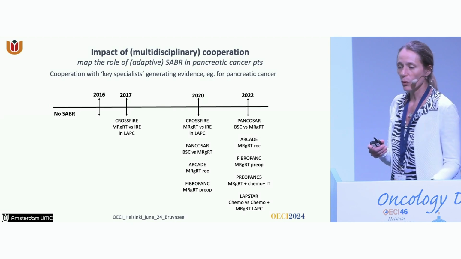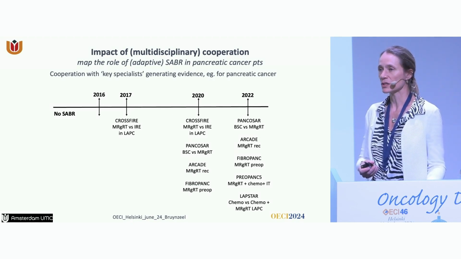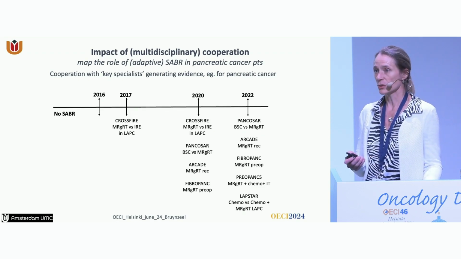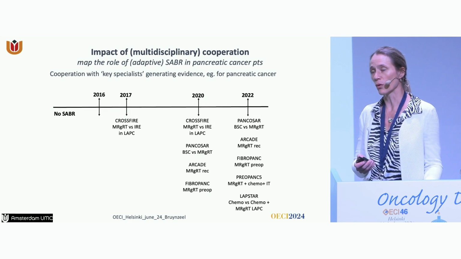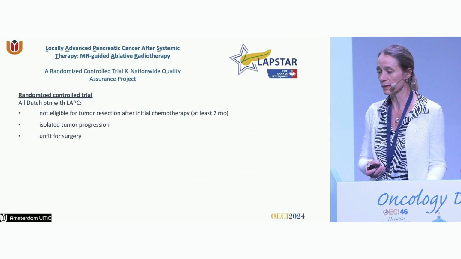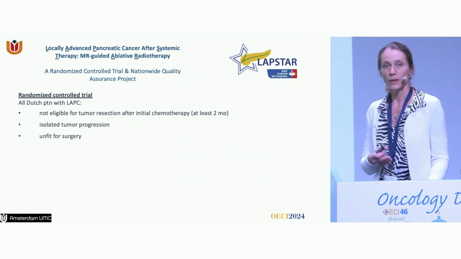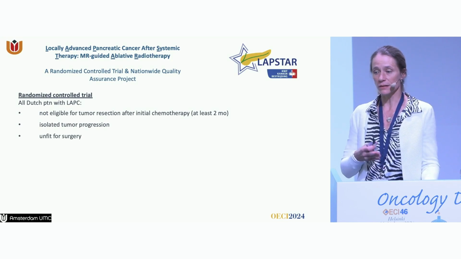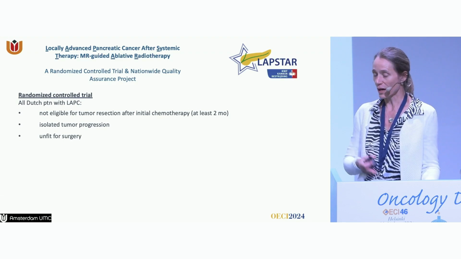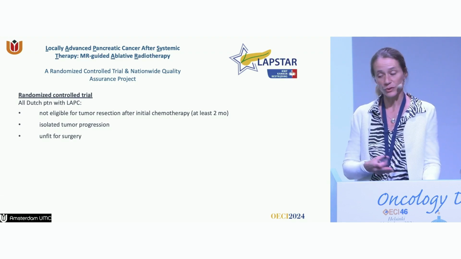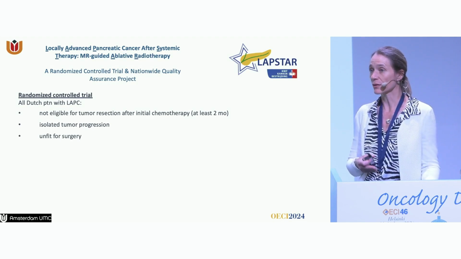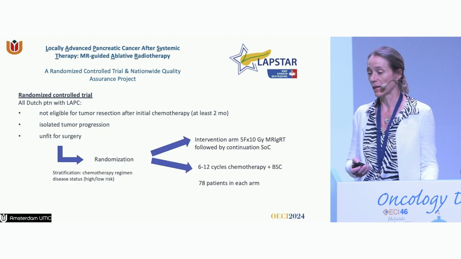To better map the role of adaptive SABR in pancreatic cancer patients, we initiated several studies in the last years, also to evaluate the role of adaptive MR-guided radiotherapy, and that is the LAPSTAR study. All patients with locally advanced pancreatic cancer that are not eligible for tumor resection after initial chemotherapy, or have isolated tumor progression, or are unfit for surgery can be included in this multi-center phase 3 study.